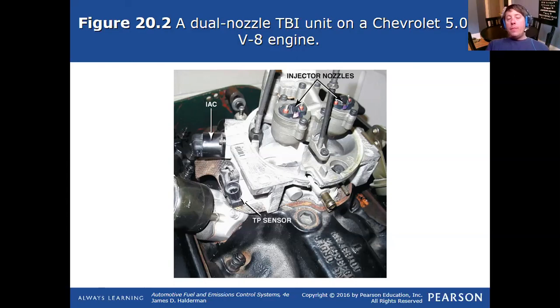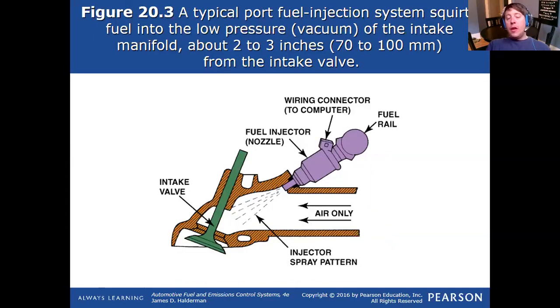The engine is assisting the fuel flow out of your port fuel injector. That might confuse you a little bit, but if you think about it, if I have manifold vacuum, this entire intake manifold is under vacuum.